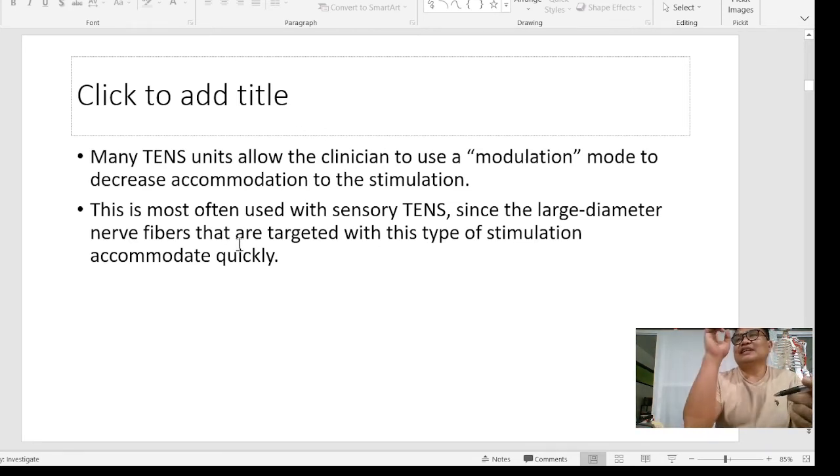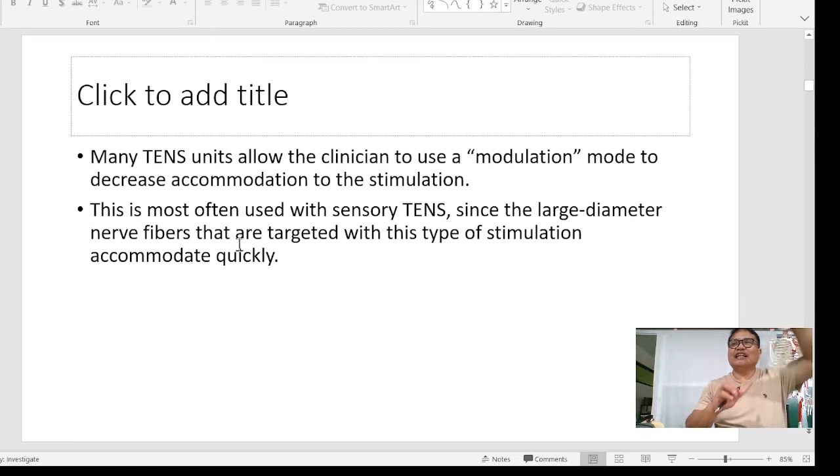That's why in the last time we demonstrated, if you noticed, the TENS unit has pre-modulated settings, where the setting itself tries to decrease and then suddenly it would increase.